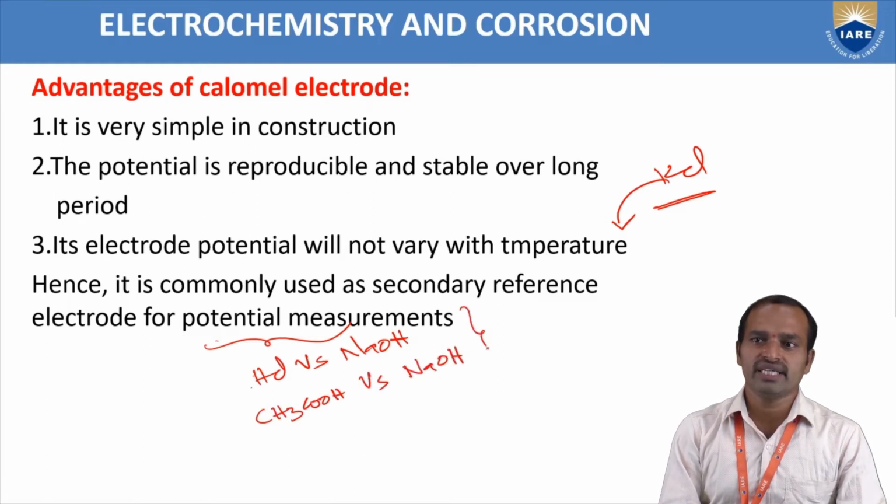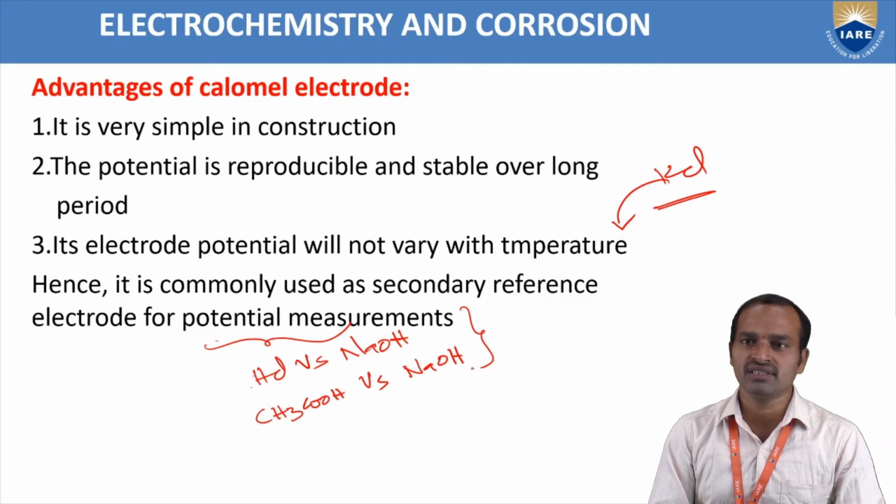So like this, we take the acid and bases and use the calomel electrode. Then we find out the potential values by using potentiometric titrations. These are the advantages of the calomel electrode.